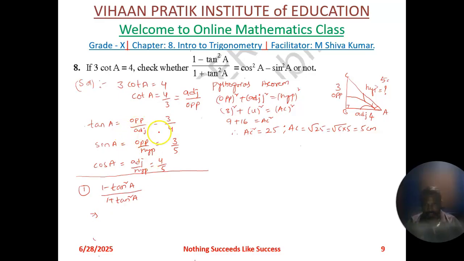Now here tan A is 3 by 4. So we'll write it as (1 minus (3 by 4) square) divided by (1 plus (3 by 4) square), which will equal (1 minus 9 by 16) divided by (1 plus 9 by 16).